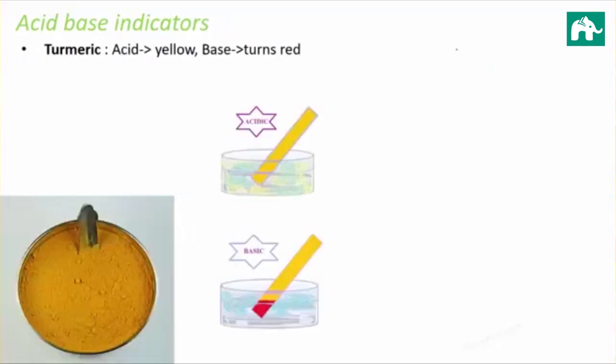Another indicator is turmeric, which is very easily available in our kitchen, because especially in India, we use turmeric in cooking, I would say in more than 50% of the dishes, and it is also called haldi.